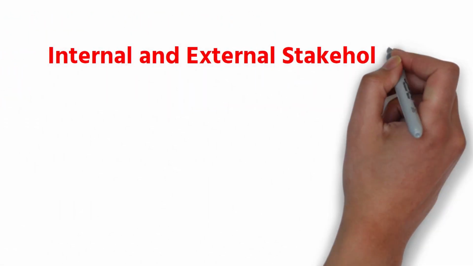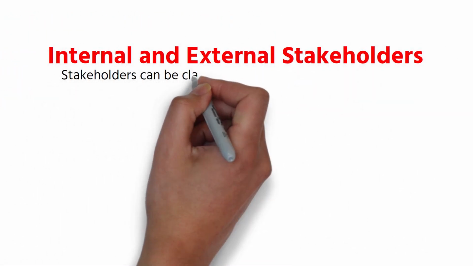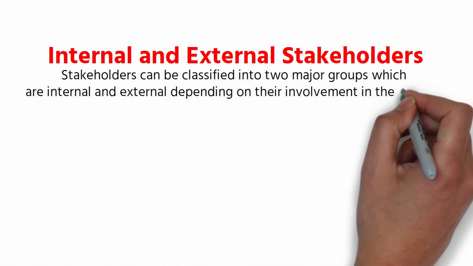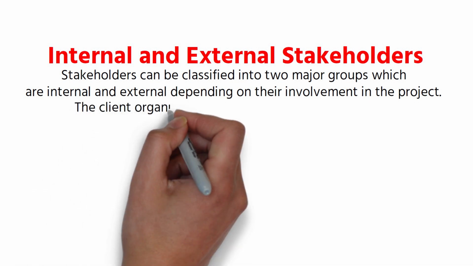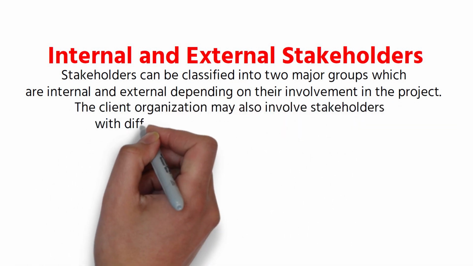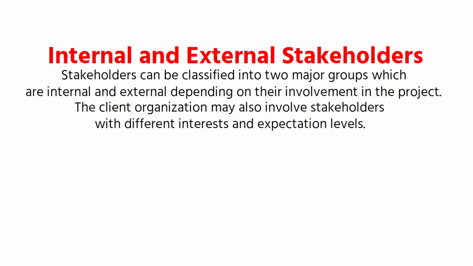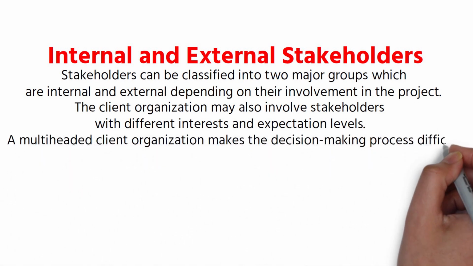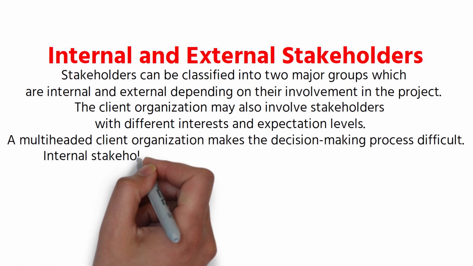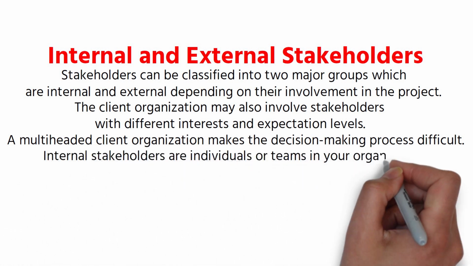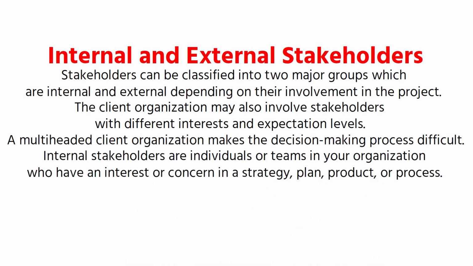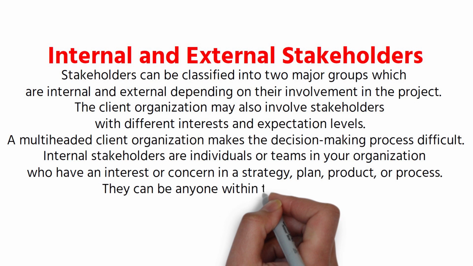Internal and external stakeholders. Stakeholders can be classified into two major groups, internal and external, depending on their involvement in the project. The client organization may also involve stakeholders with different interests and expectation levels. A multi-headed client organization makes the decision-making process difficult. Internal stakeholders are individuals or teams in your organization who have an interest or concern in a strategy, plan, product, or process. They can be anyone within the organization.